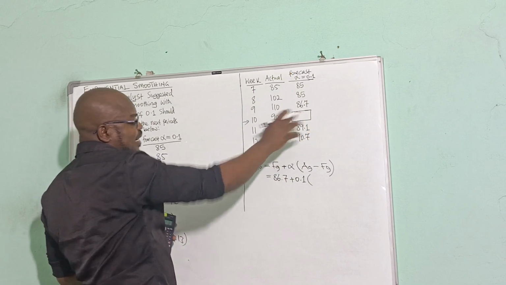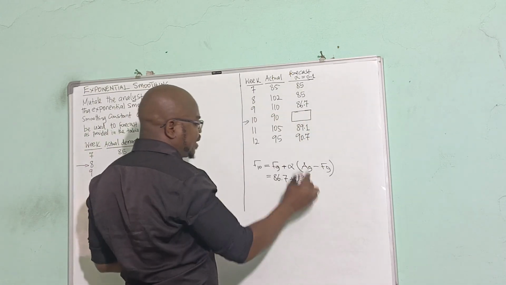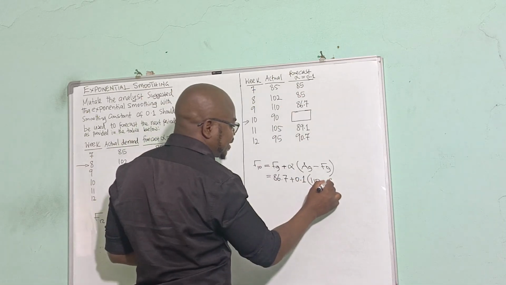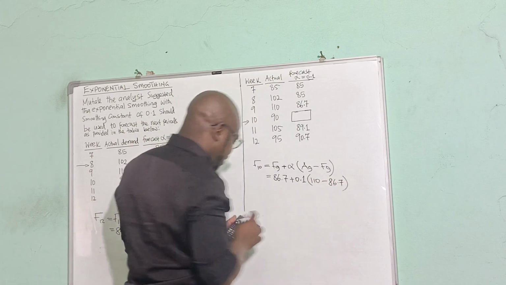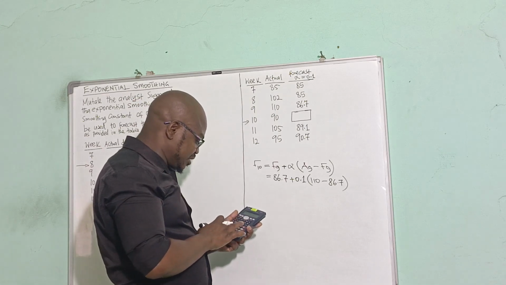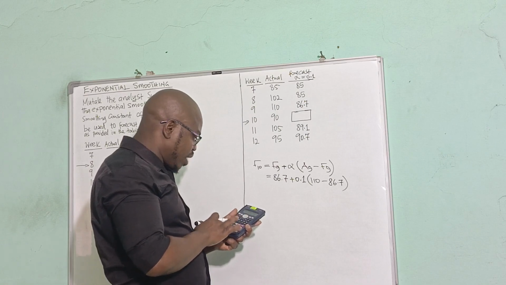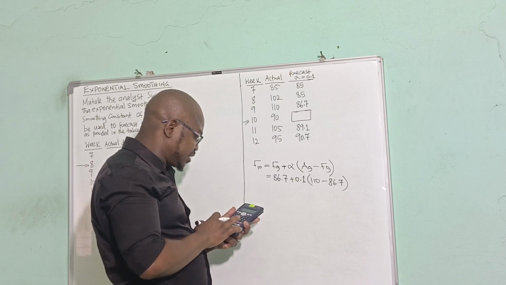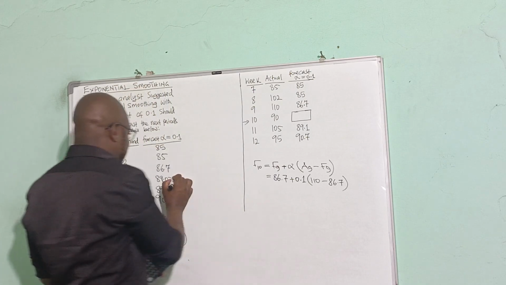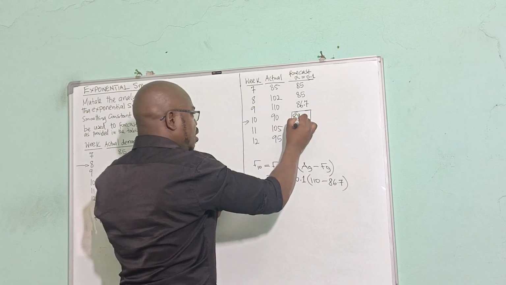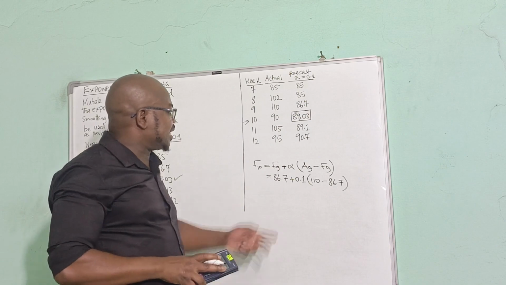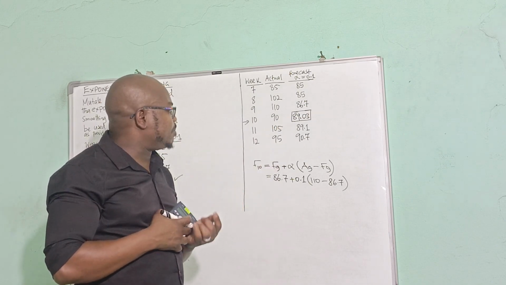Alright, so something like that, and then actual for period 9 is 110 minus forecast for period 9, which is 86.7, and then doing that, 86.7 plus 0.1, open brackets, 110 minus 86.7, and then I obtain 89.03, which is that basically 89.03.